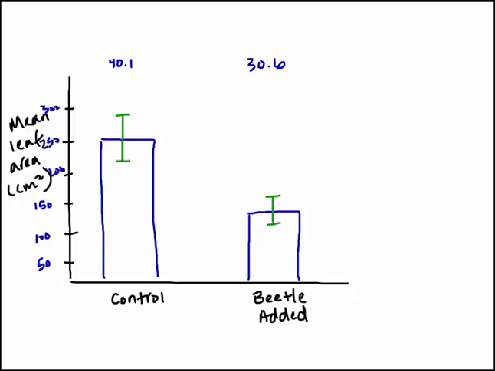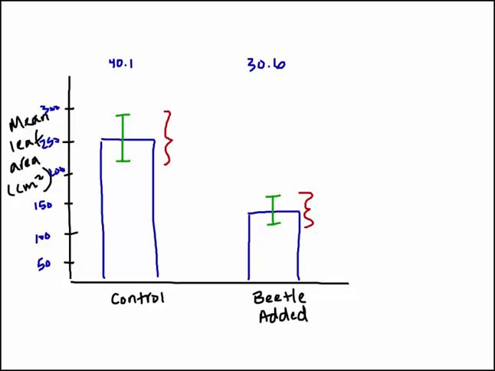Another way you could look at it is if we were to do this experiment 100 more times, then 95 out of 100 times, the mean for our control should fall between this value and this value. And the mean for the beetle added group should fall somewhere in this area right here.